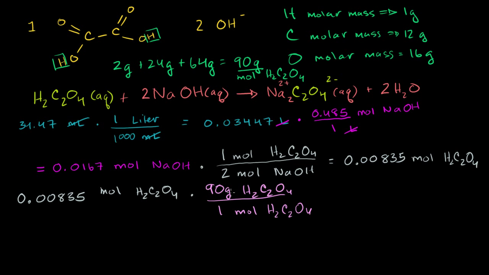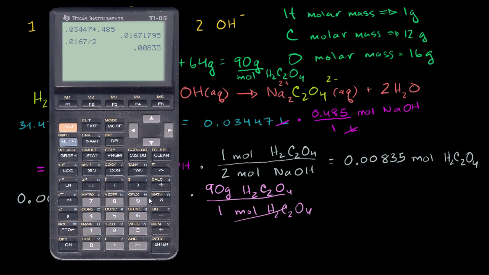So now we just multiply this number, and we'll figure out the grams of oxalic acid. That and that cancels out. And then we just take the number that we had and multiply it by 90. This just says the previous answer, which is the number of moles of oxalic acid times its molar mass, will tell us the grams of oxalic acid.